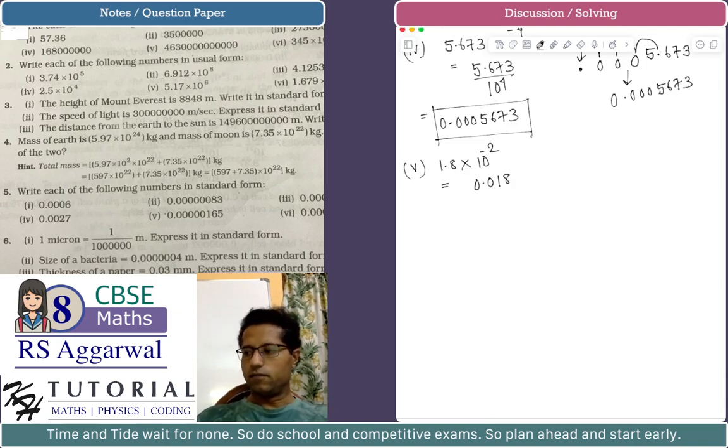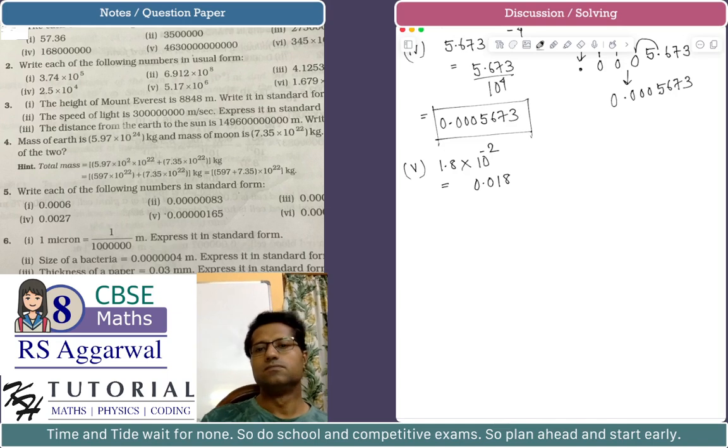In the standard form, where the power of 10 is very small, like 2 or 3, you can possibly do it manually. I hope this is right. Yes. So this is the number in the usual form.